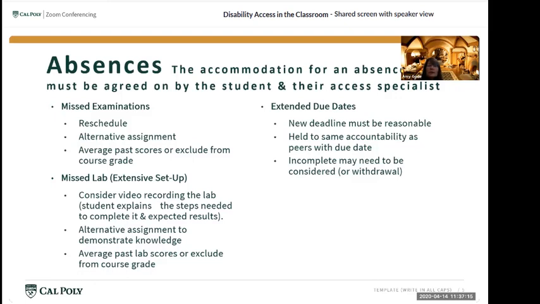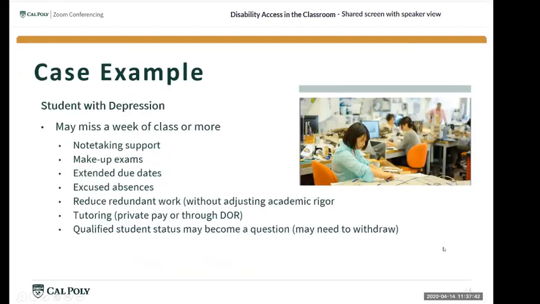So it's really good if we can all come together and help the student find a way out of that. Maybe that does involve dropping a class and being held accountable to the initial due date. Our students try to take on so much, and it is really hard, especially if you have a disability such as depression.